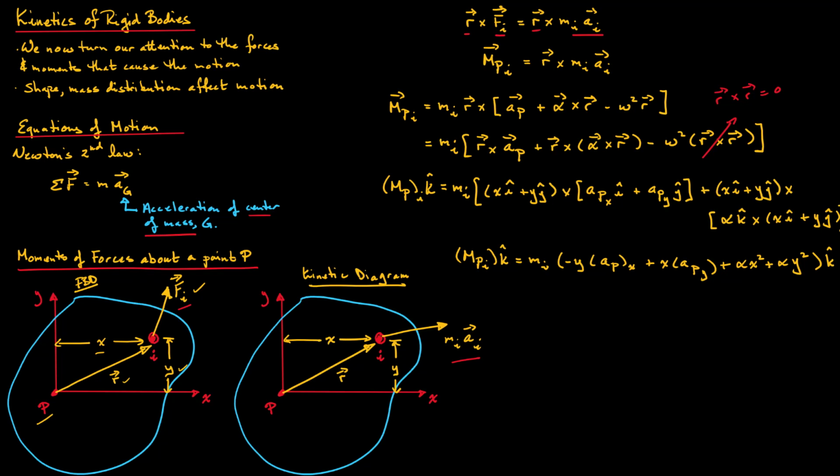And since everything's acting in the k direction, we can just treat this as a scalar equation and just write MPi is equal to mi multiplied by the negative of y multiplied by the x component of acceleration at point P plus x multiplied by the y component of acceleration at point P plus alpha r squared, where x squared plus y squared is just the position vector squared.